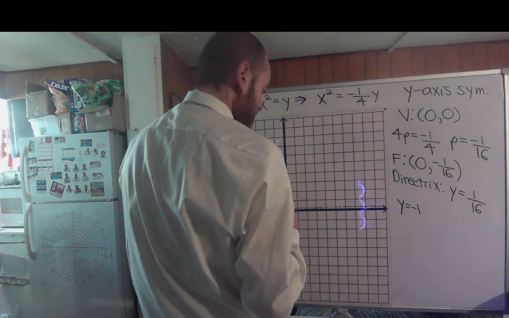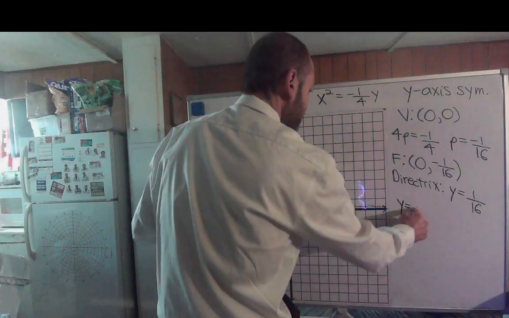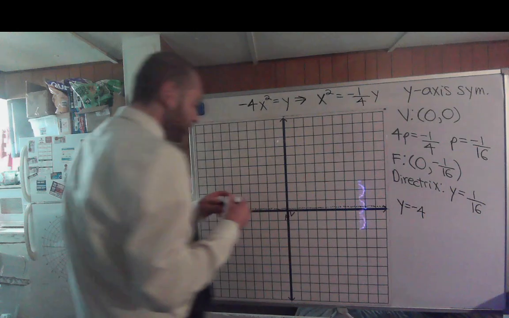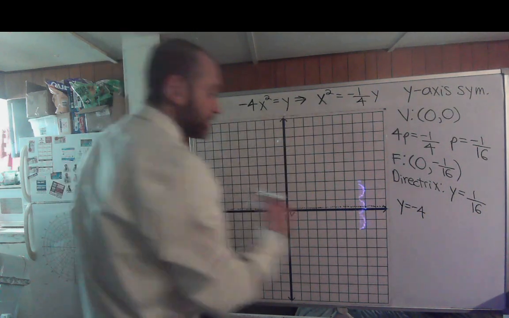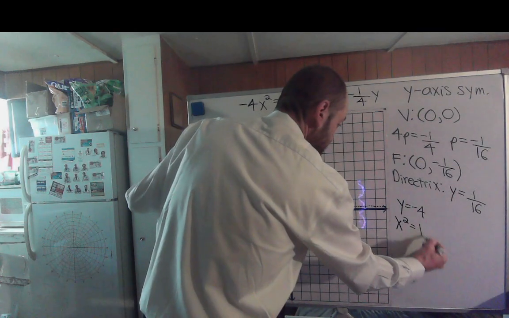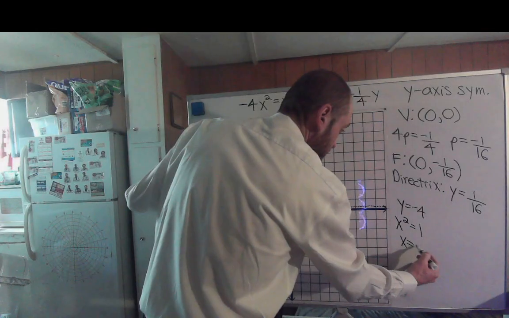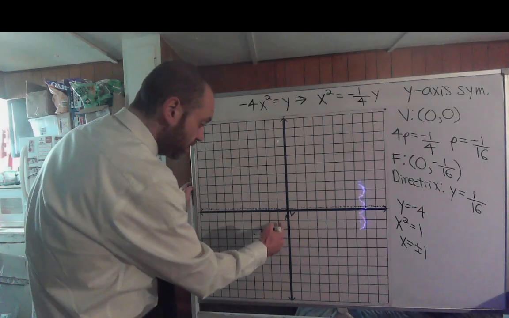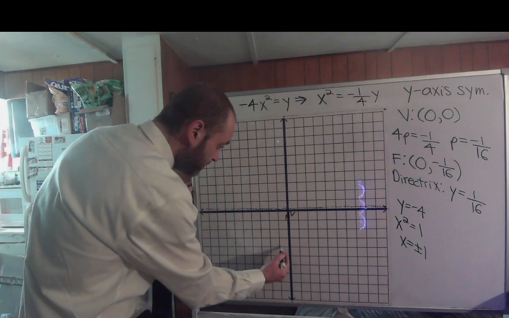So, actually no, let's put in -4 for y. I like to work with whole numbers. If I put in a y coordinate of -4, that's just going to then give me x squared would equal +1, which would give me x equals both plus and -1. So when x is -1, I'll get a y coordinate of -4.